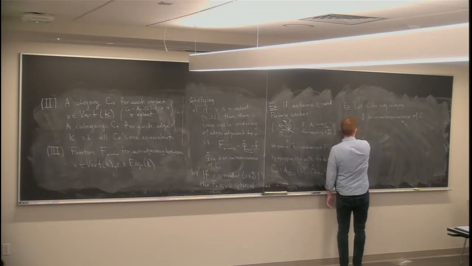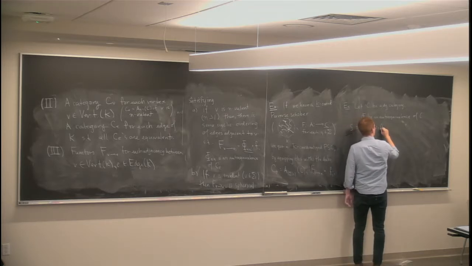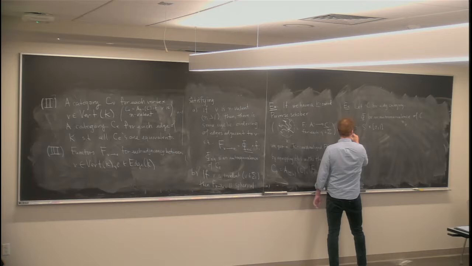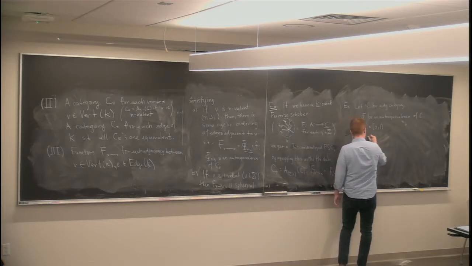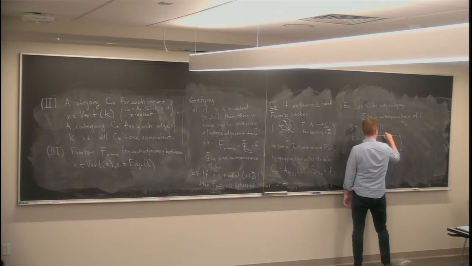We'll let K be the following. So let's let S be S1 cross the closed unit interval. And let's let K be this. Just draw a picture.